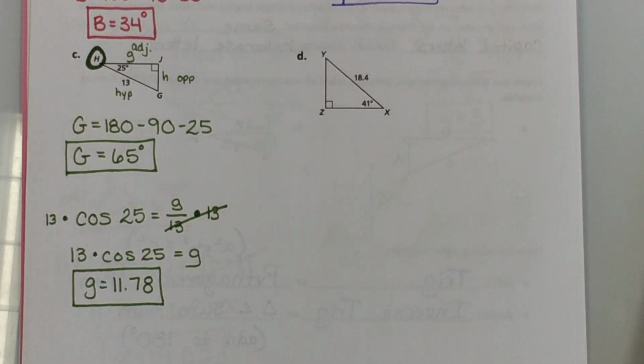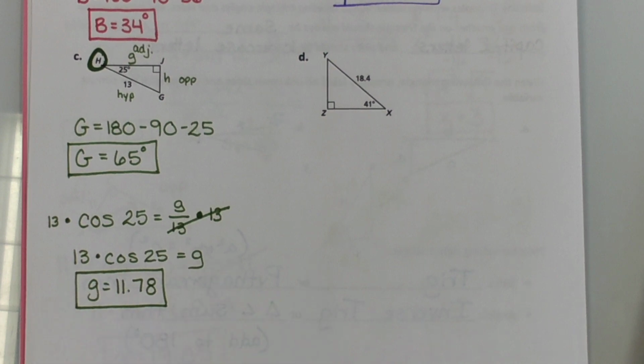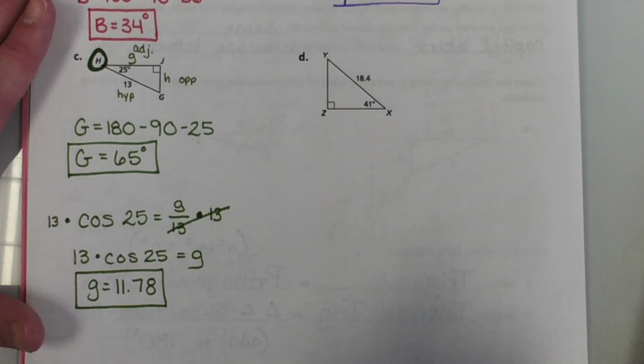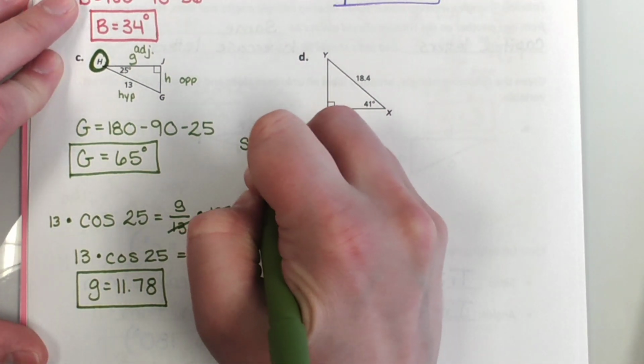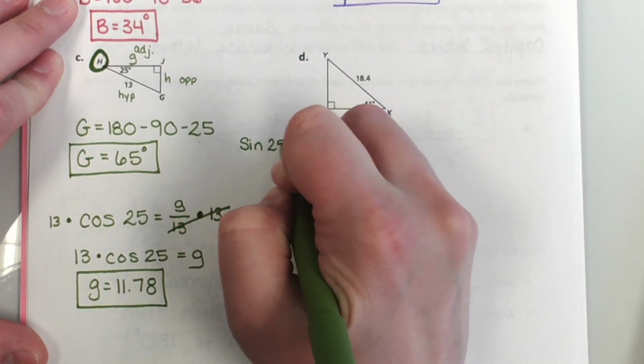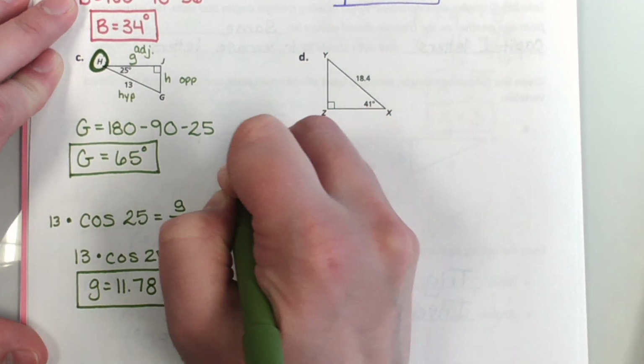I personally would choose trig. One, I prefer trig. Two, to use Pythagorean theorem, I'd have to use a rounded answer. So I would do sine of the 25 degrees equal to h over 13, multiply by 13.